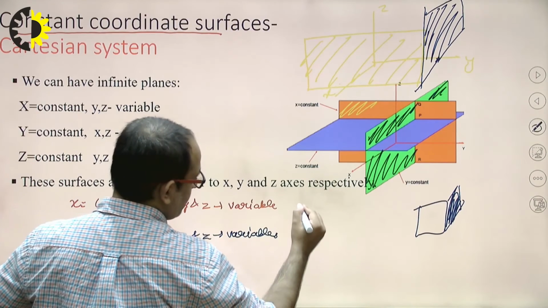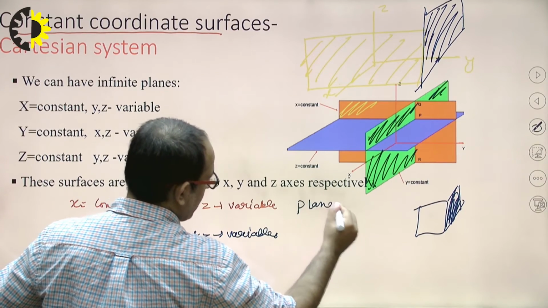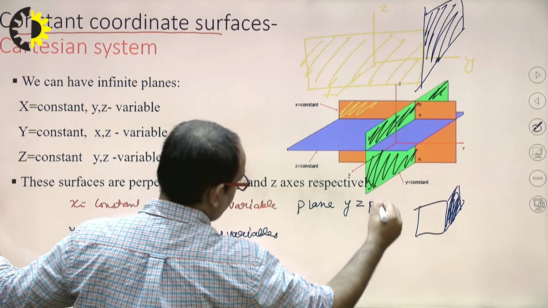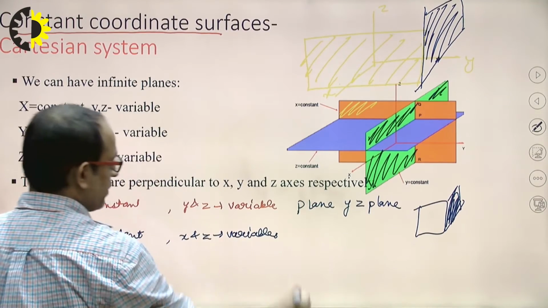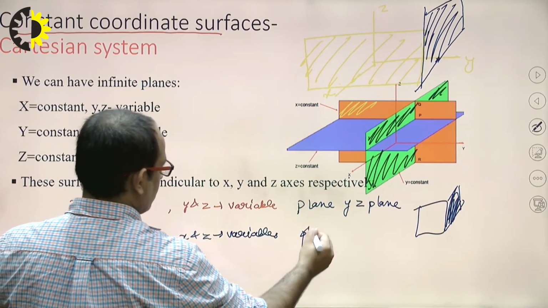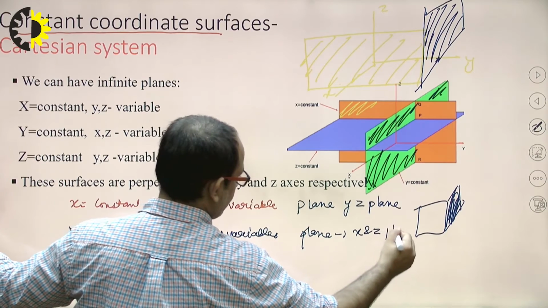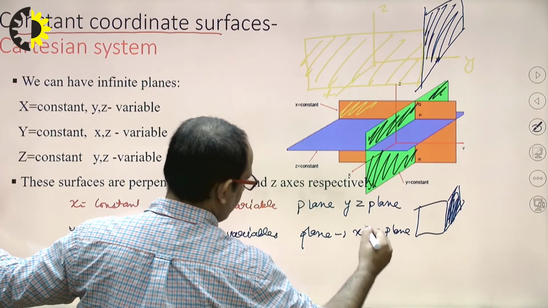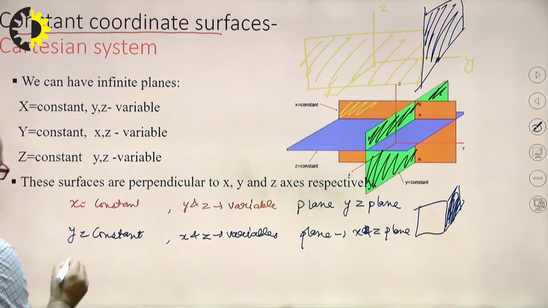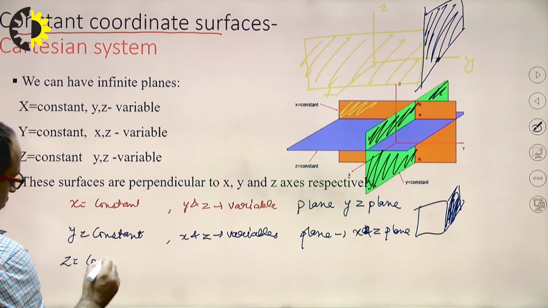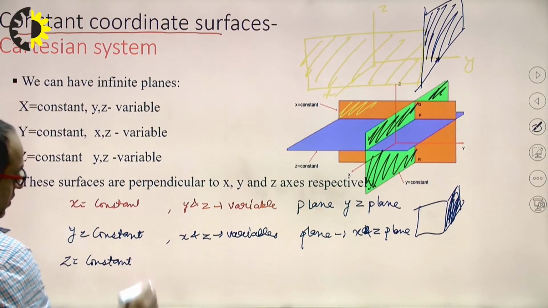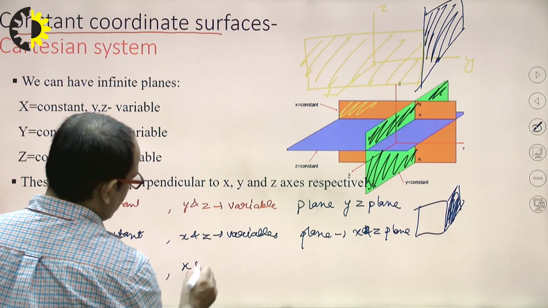Means plane, here which form of plane will be formed? YZ plane, and here the plane will be XZ plane. And when Z is constant, X and Y are the variables.